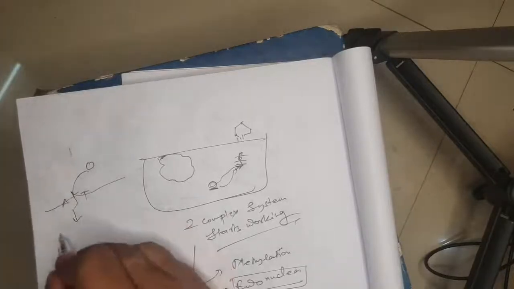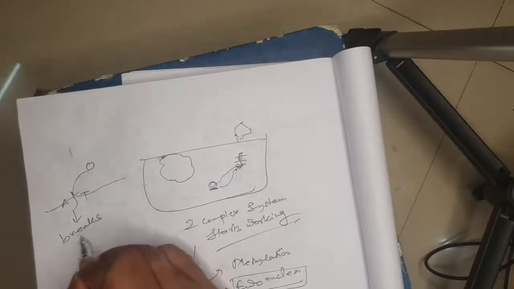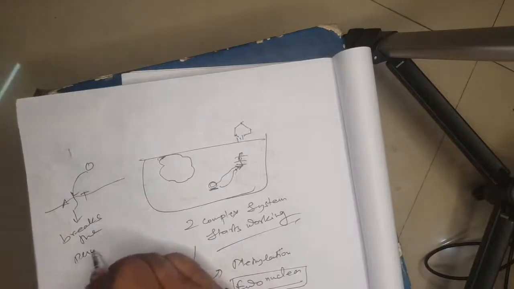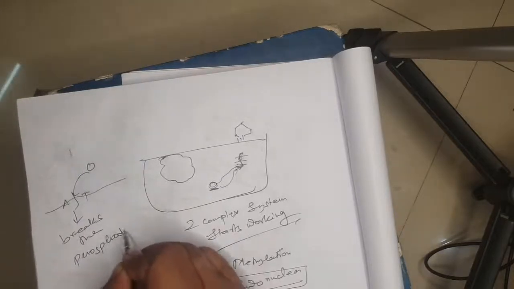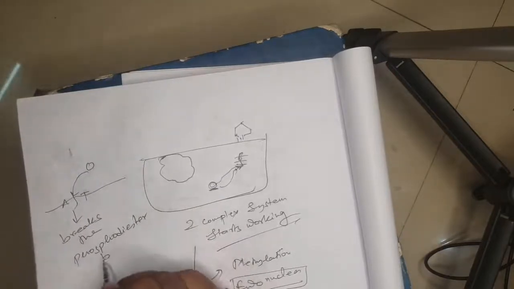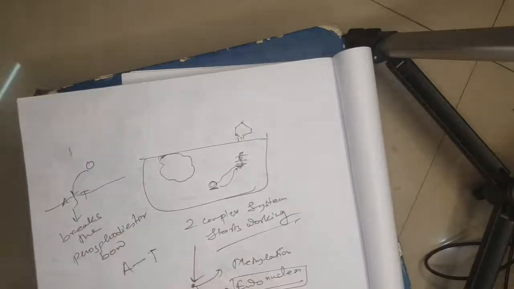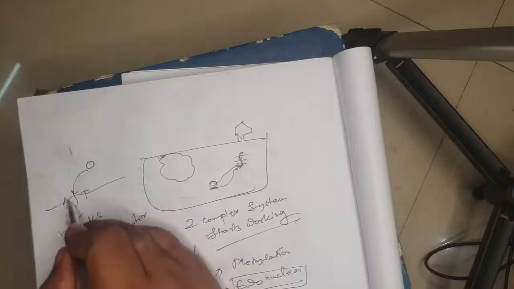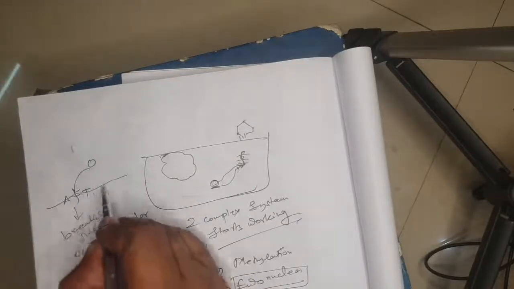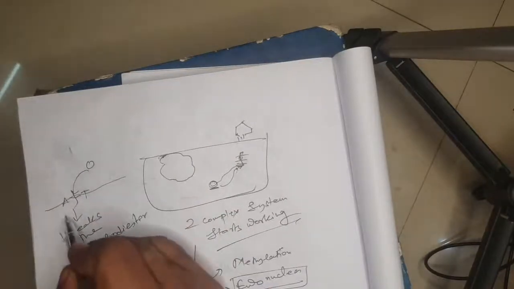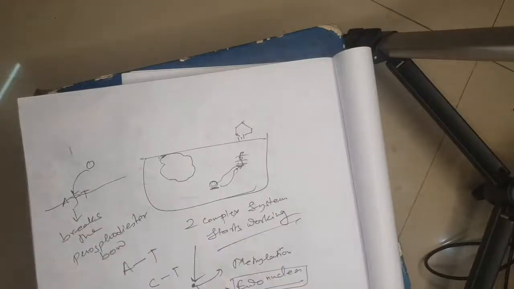Cutting the DNA means breaking the phosphodiester bond, because we already know that within one strand, between A and T, the phosphodiester bond is there. It may be A or G also, it may be C and T also, whatever it is, but in one strand there are phosphodiester bonds, and if there is another strand, then there are hydrogen bonds that you know.